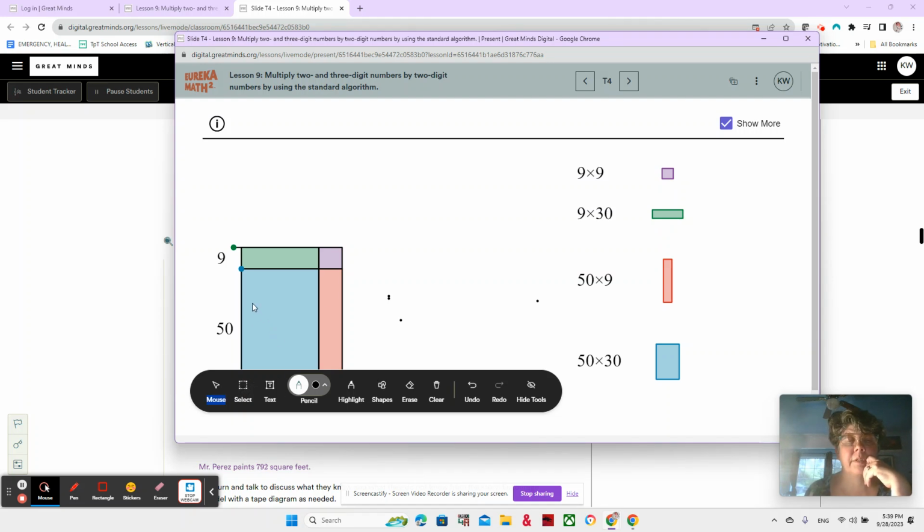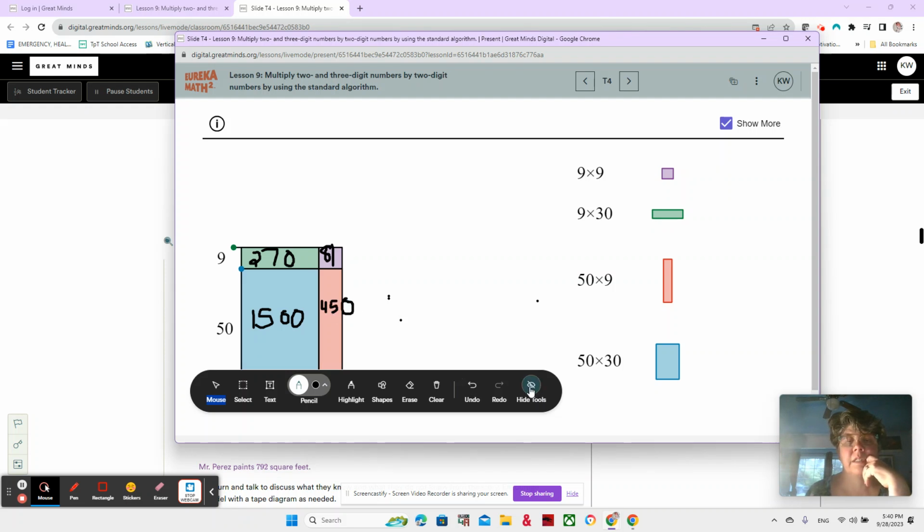Okay, 50 times 30, you can see it over here. 5 times 3 is 15, so 50 times 30 is 1,500. 9 times 9 is 81. 9 times 30, 9 times 3 is 27, so 270. And 5 times 9 is 450.